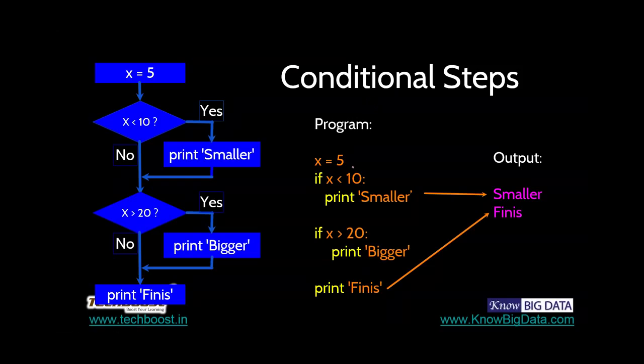So some steps are optional. This is, in fact, the same program we saw: x is 5, and based on a condition, and we also discussed in session 1 that the condition evaluates to true or false. What are true and false? These are two Boolean values.